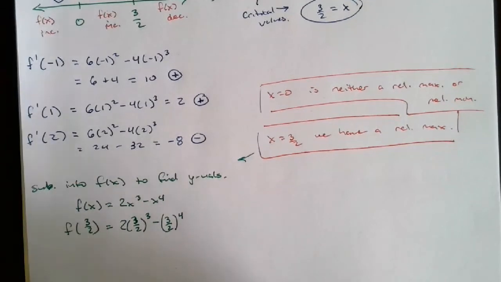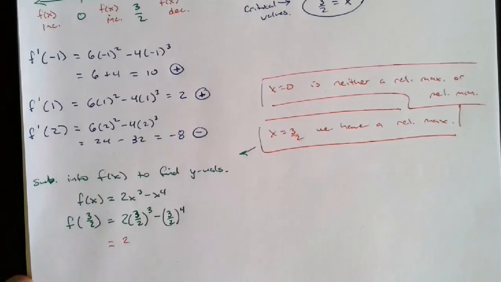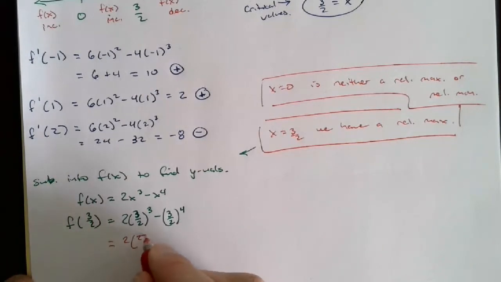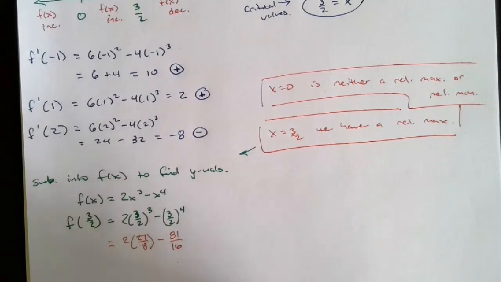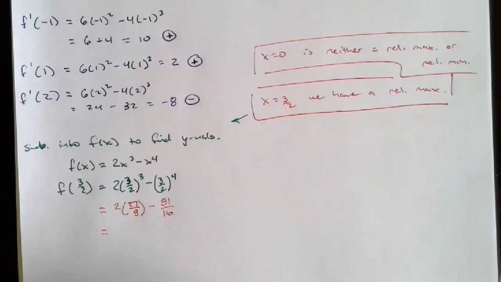When you have a fraction raised to a power, you can raise the numerator to the power and the denominator to the power. So 2 times 27 over 2 to the third, which is 8, minus 3 to the fourth, which gives me 81 over 2 to the fourth, which is 16.